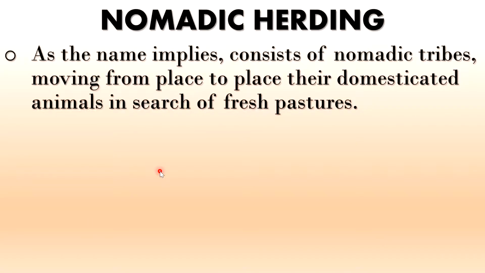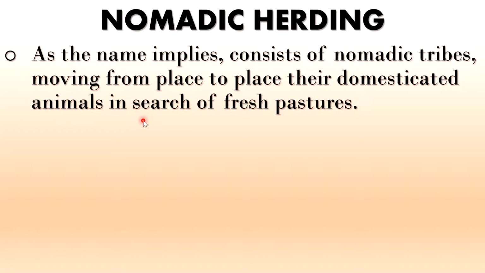Now let's know about nomadic herding. As the name implies, it consists of nomadic tribes moving from place to place with their domesticated animals in search of fresh pastures. So, as the name is saying, it consists of nomadic tribes. Nomadic means roaming from one place to another, right? Now, they are moving with their domesticated animals, which are giving them a benefit.